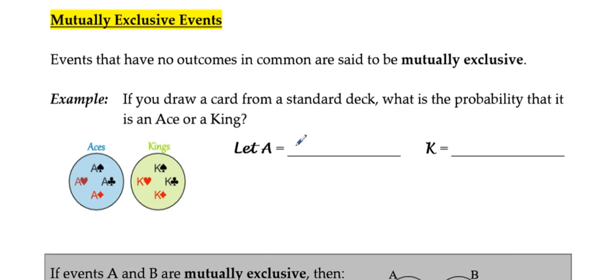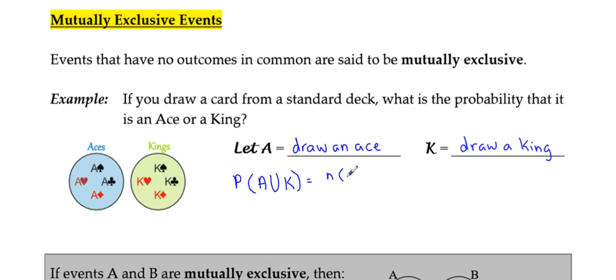So if we're going to let A be drawing an ace, and K be drawing a king, then the probability of drawing an ace or a king is the number of aces or kings divided by the total number of cards in the sample space.